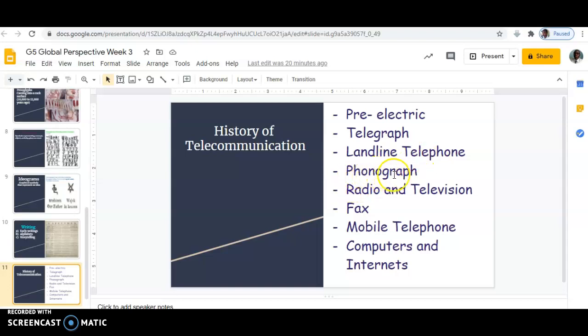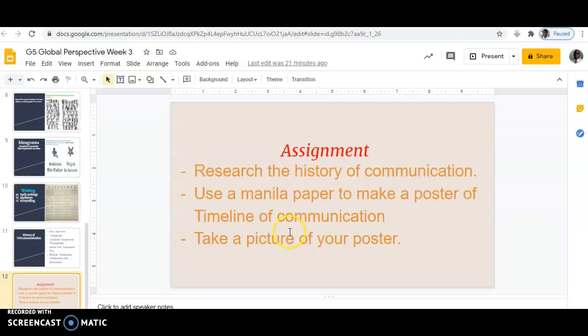Then came the phonograph. Then the radio and television. Then the fax. And then the mobile telephone, the computers, and the internet. So it has been a long way. So the history of communication goes from writing to the pre-electric times, the telegraph, all the way to computers and internet.